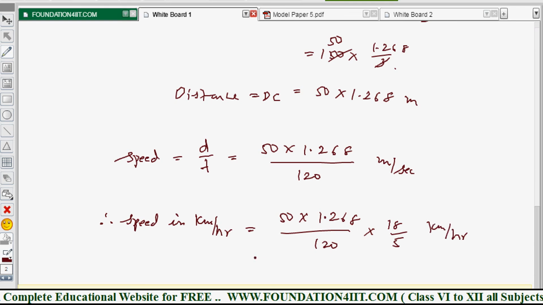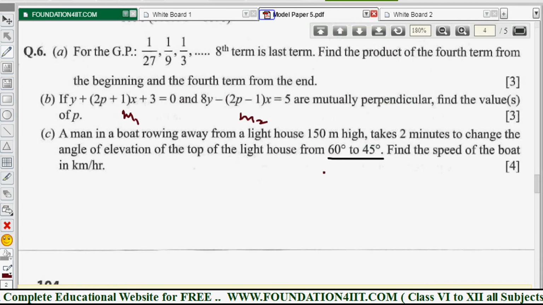If you simplify by cancellations, you'll get approximately 1.9 kilometers per hour. So the speed for the angle to change from 45 to 60 degrees is 1.9 kilometers per hour. Right, this is about this question.